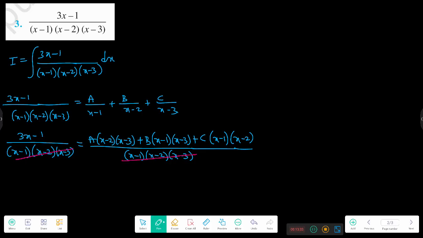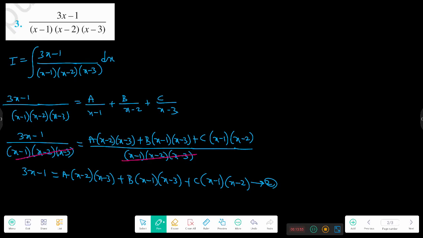Then what is remaining you can write as it is: 3x minus 1 is equal to A into (x minus 2)(x minus 3) plus B into (x minus 1)(x minus 3) plus C into (x minus 1)(x minus 2). This I am taking as answer number 2. The first splitting I am taking as answer number 1, because there only we have to apply the A, B, C values. Equation 2 is only for finding the A, B and C values.